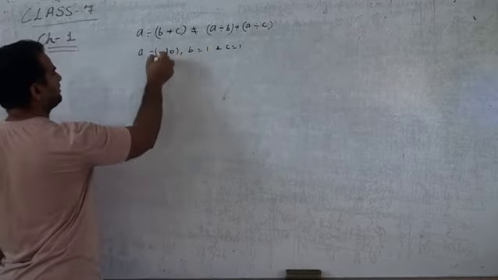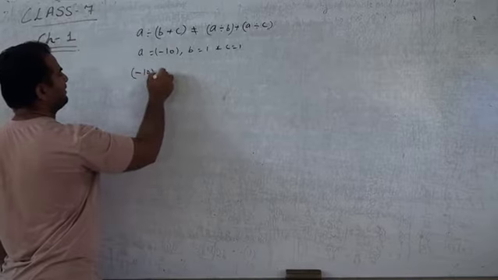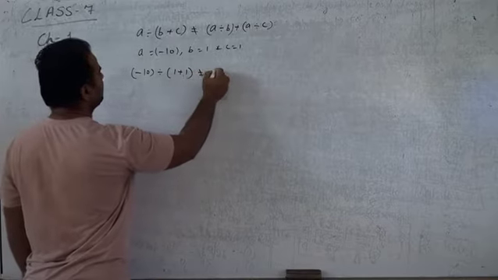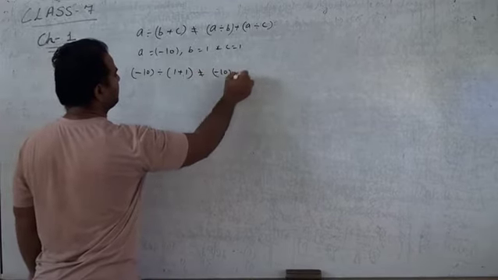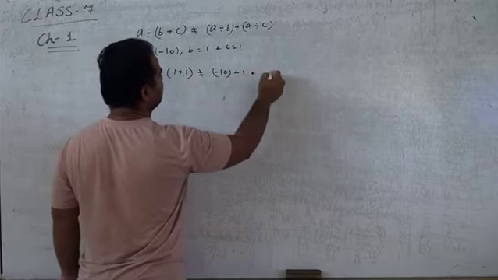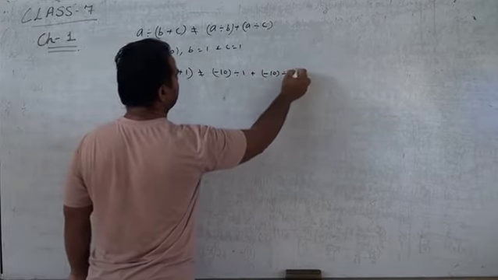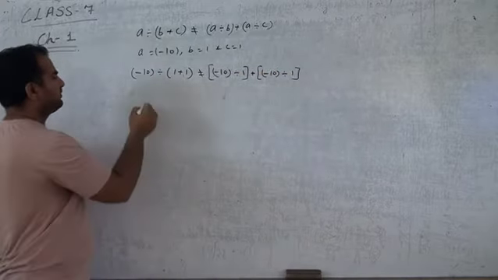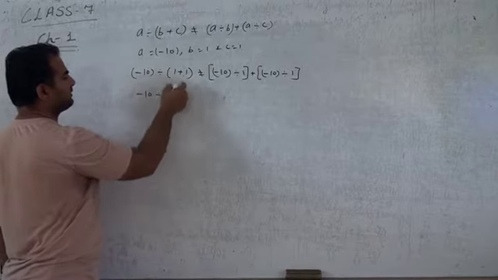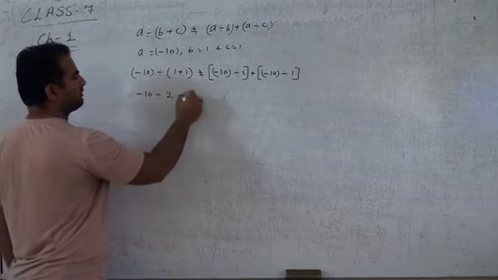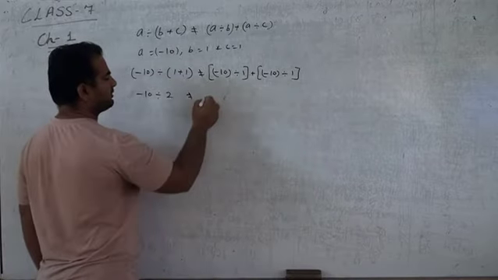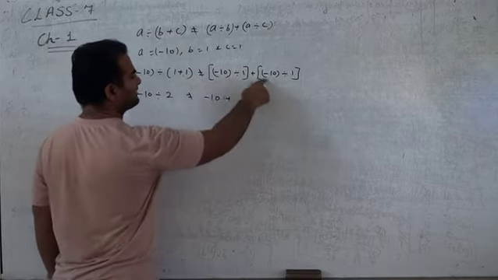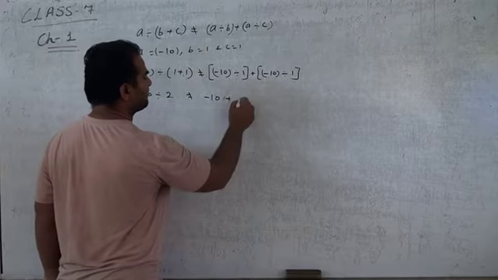So it will be minus 10 divided by 1 plus 1 is not equal to minus 10 divided by 1 plus minus 10 divided by 1. What is 1 plus 1? 2. So minus 10 divided by 2, not equal to minus 10 divided by 1, which is minus 10, plus minus 10 again divided by 1, which will also give minus 10.